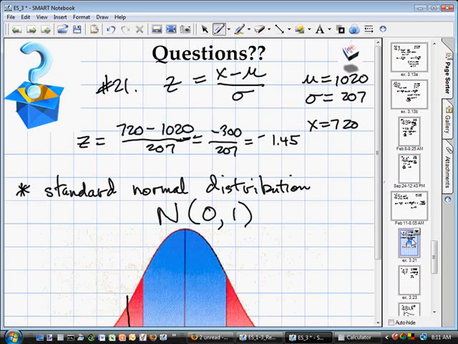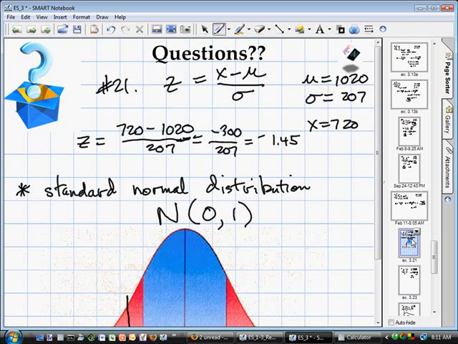Number 21, NCAA. A partial qualifier is somebody who's eligible to practice and receive an athletic scholarship but not compete in the games if their SAT score is at least 720. And then there's stuff on the previous page.